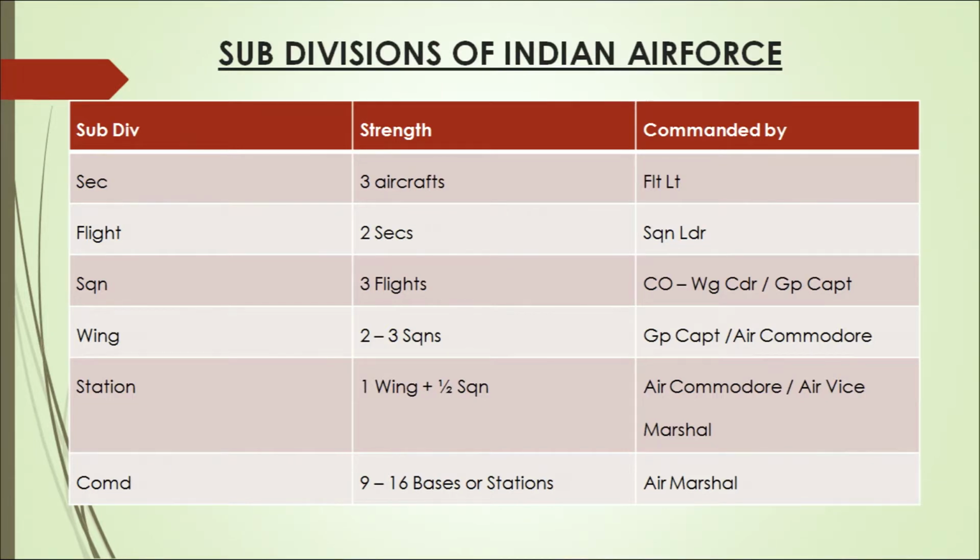Generally, an Air Force station has 1 wing and half of a squadron and is commanded by the Air Commodore or Air Vice Marshal, and about 19 to 16 air bases or Air Force stations make a command which is commanded by Air Marshal.